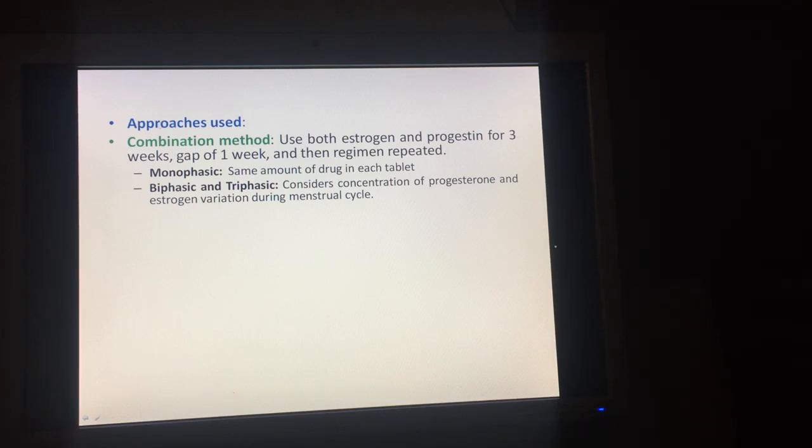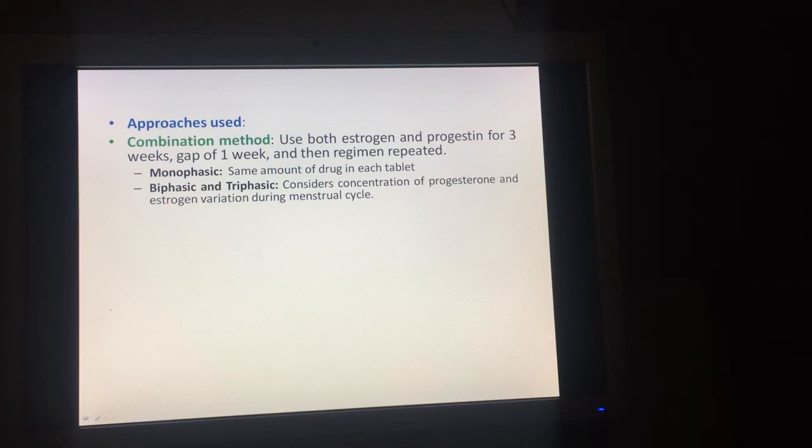However, biphasic and triphasic tablets consider the variation of the hormones progesterone and estrogens during the menstrual cycle, and accordingly the dose of the active progesterone component and active estrogen component in the tablet is varied. So this is monophasic, and this was the biphasic.